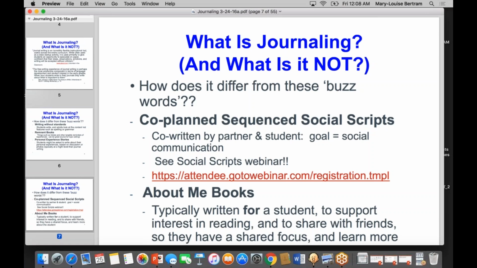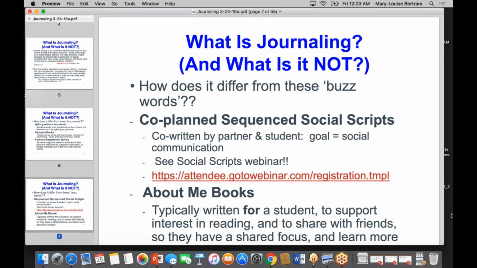They're about having a conversation that's more than just one or two words. It's co-written by that student and a partner, and the goal is social communication. Often when we're preparing a social script, we'll write out the parts so that kids see it, but it's not really the student writing. We're just co-planning something that they're going to share orally, or often maybe as a Pictello story.